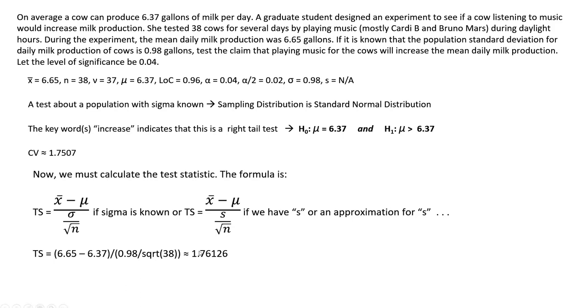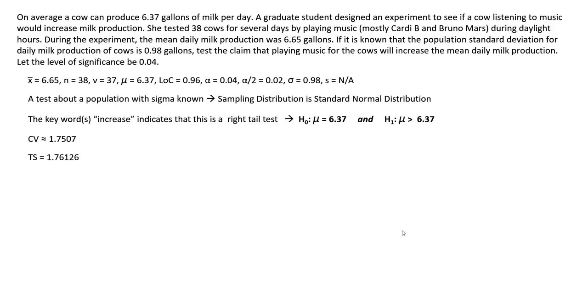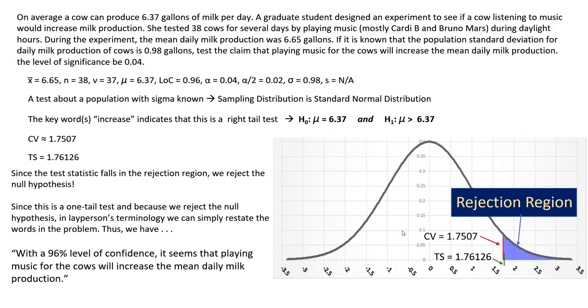So for this one, we would have 6.65 minus 6.37 over, all in parentheses, 0.98 over the square root of 38, which is approximately equal to 1.76126. And now we have the ability to complete the hypothesis test.